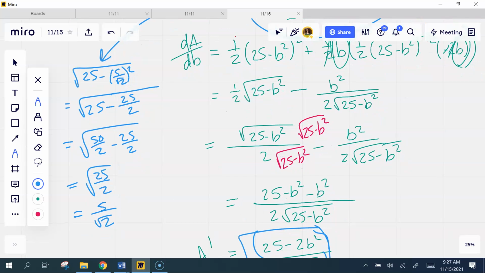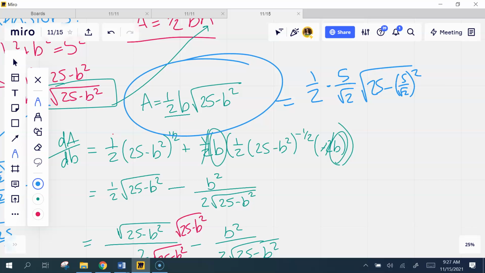Area, so you can do it one of two ways. The dimensions are 5 over root 2, 5 over root 2, right? I just found this; it comes out to be 5 over the square root of 2. I've still got this 5 over root 2 and this 1/2.